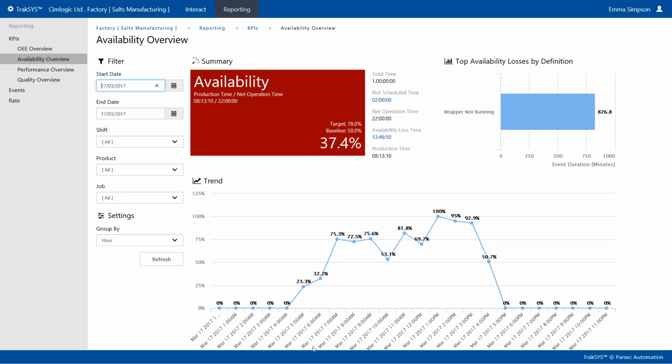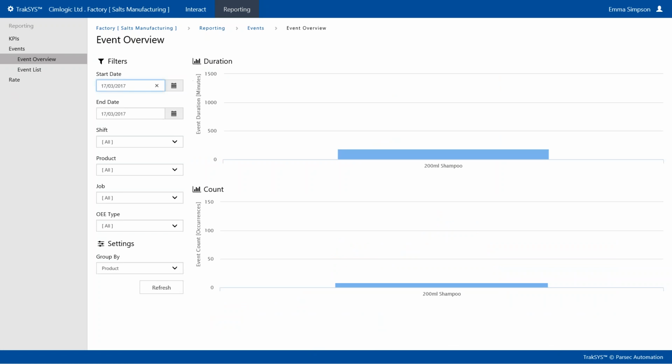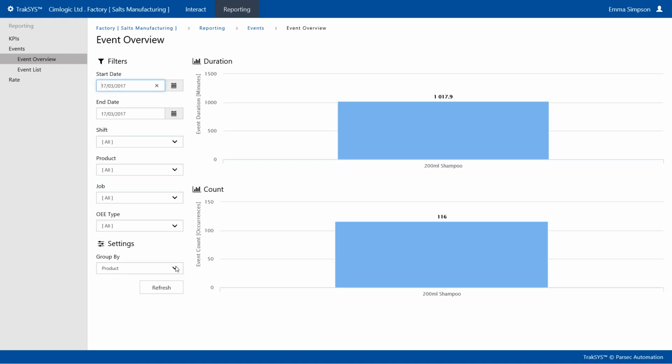Actually, I believe that we might have some downtime events, and to get a good perception of what happened during that day, let's drill down, grouping by category, which are the downtime reasons.